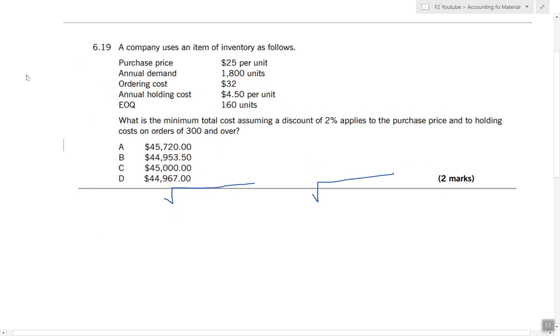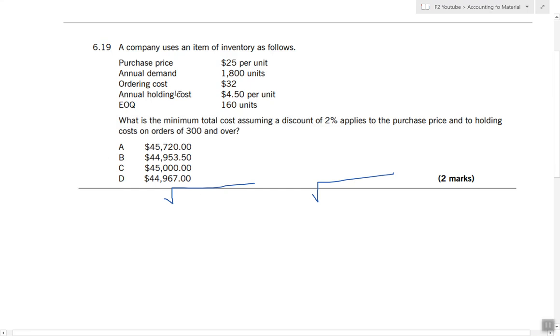Like we look at a question here, a company uses an item of inventory as follows. We have purchase price, annual demand, ordering, annual holding, EOQ. What is the minimum total cost assuming a discount of 2% applies to purchase price and to holding costs on orders of 300 and over?